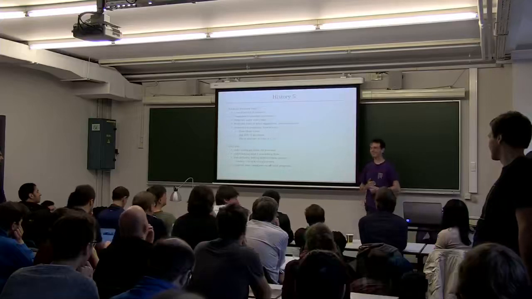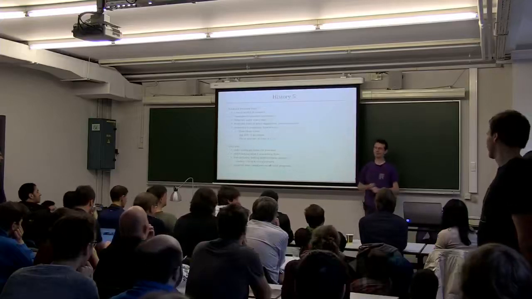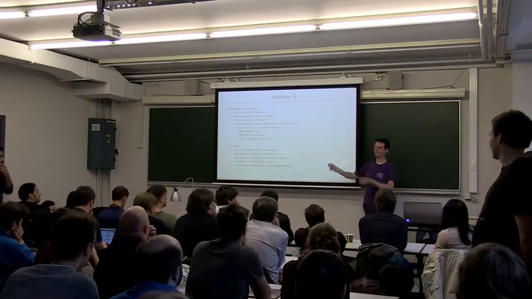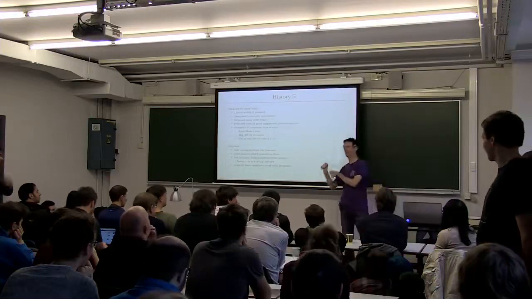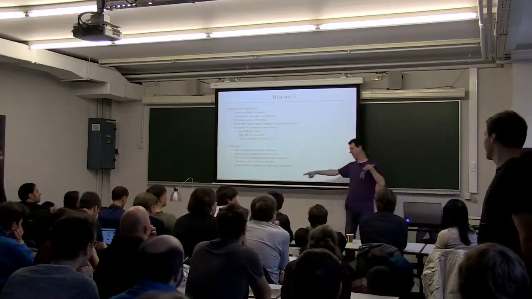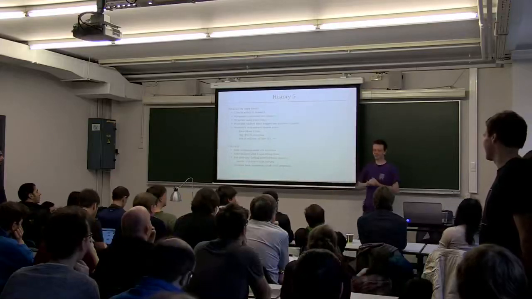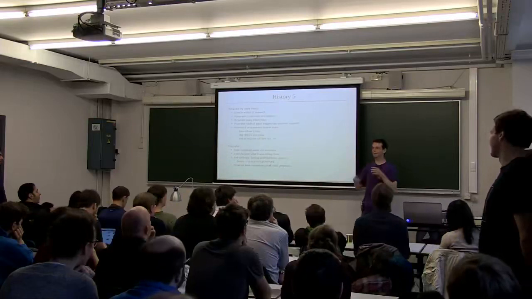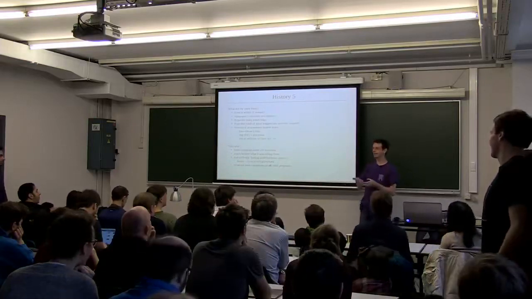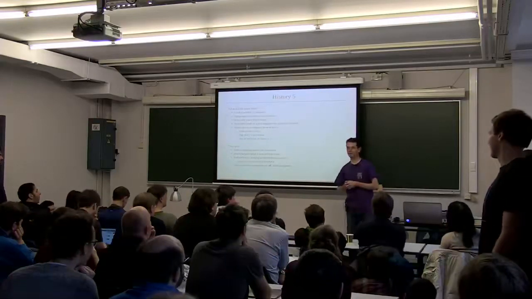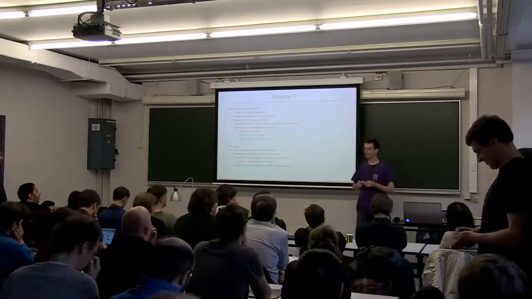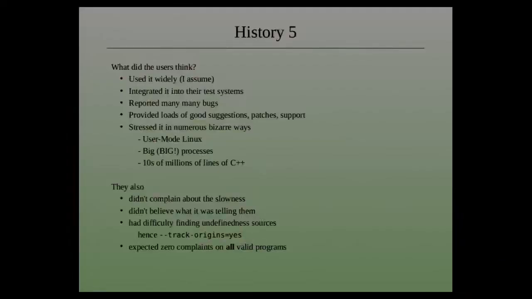So we got quite a few people saying, I don't believe what it says, and then you get into some argument, and you say, show me your bit of code, and then you say, oh yeah, the problem's here. As time went on, I think this phenomenon has gone down because code bases have got cleaner as people use it more, and maybe there's an acceptance that the system is actually quite reliable now.